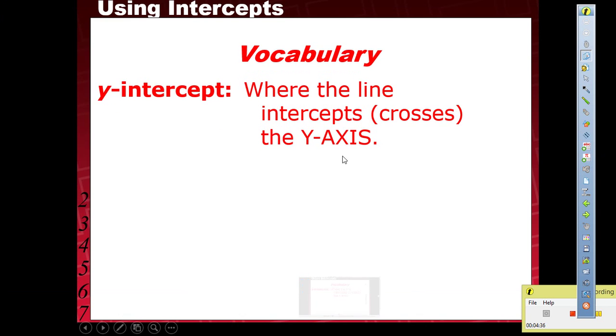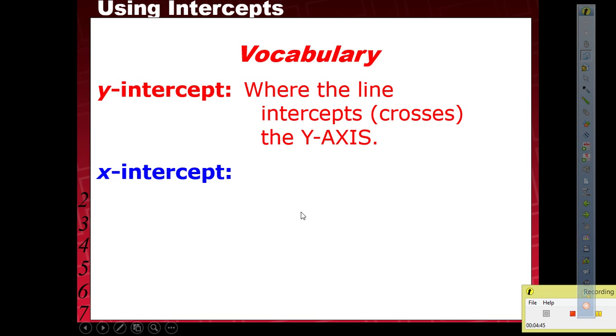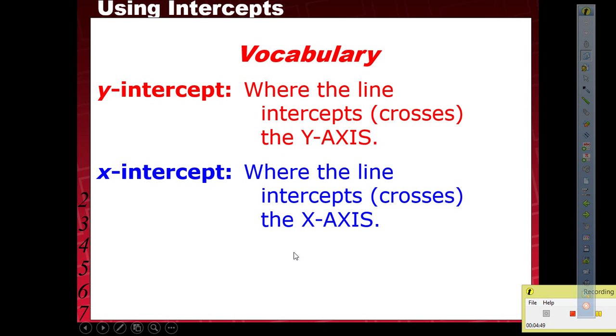So if the y-intercept is where the line crosses the y-axis, what is the x-intercept? Exactly, where the line intercepts the x-axis, or it crosses the x-axis. The x-axis being the horizontal line in the coordinate plane. Okay? Copy that.